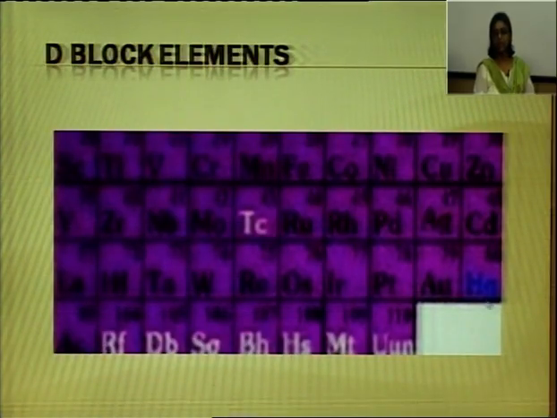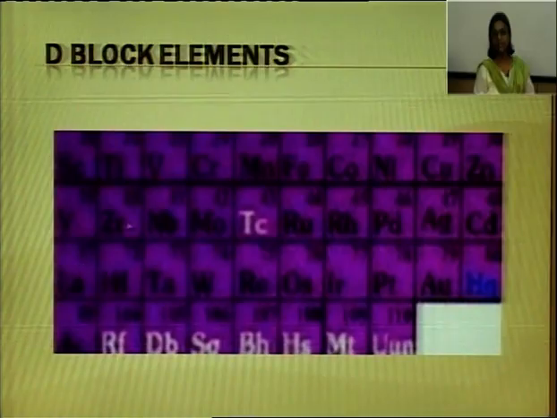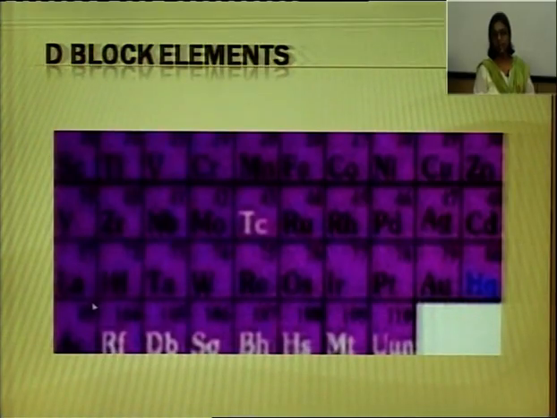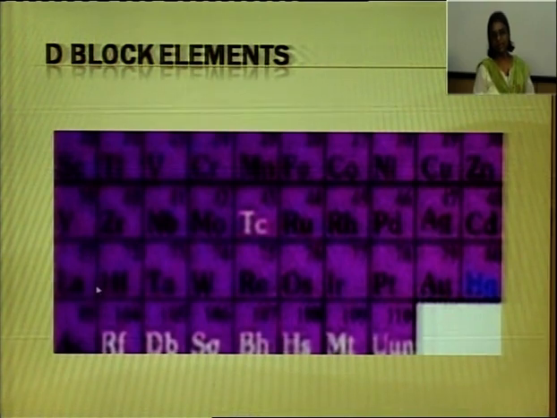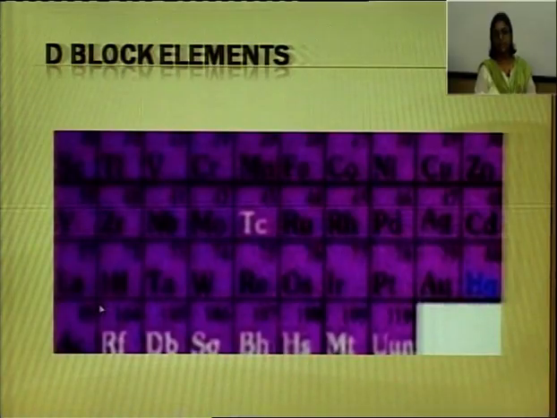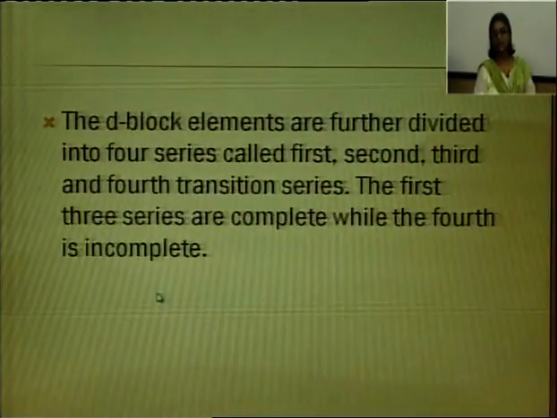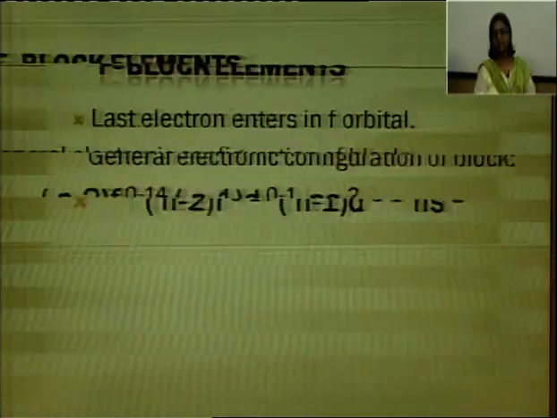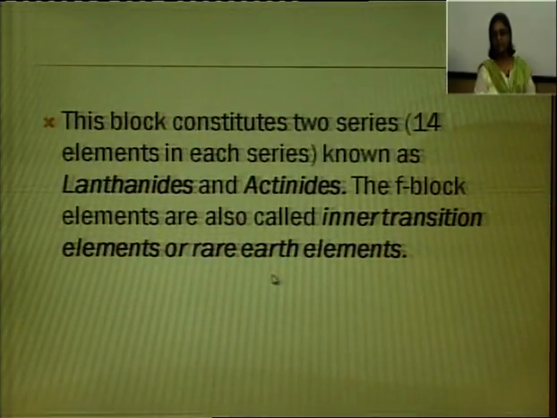Now, these D block elements are called transition elements, and the F block elements lie within the transition elements, that is why they are called the inner transition elements. So, D block are transition elements, whereas F block are inner transition elements or rare earth elements.